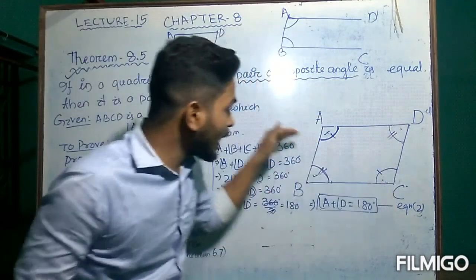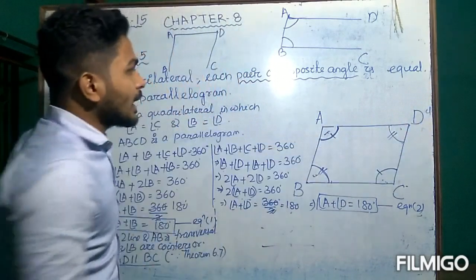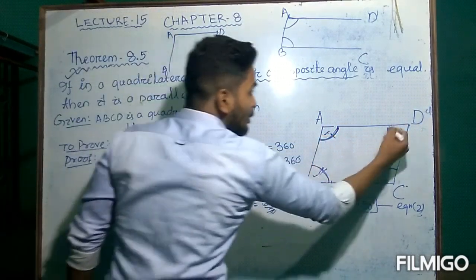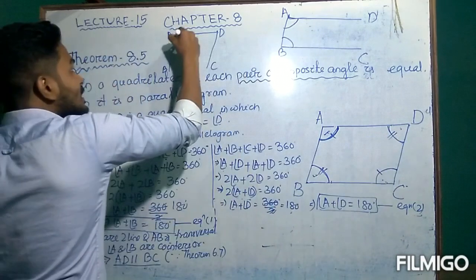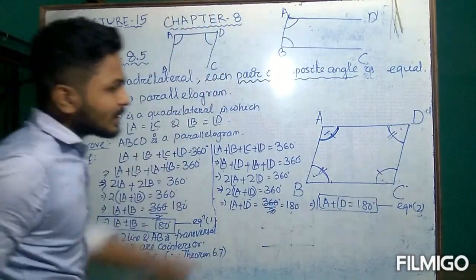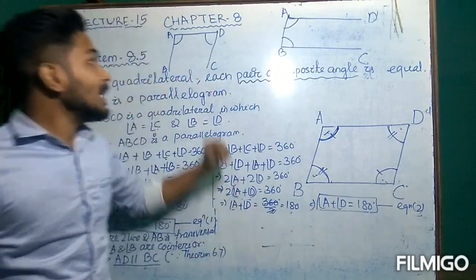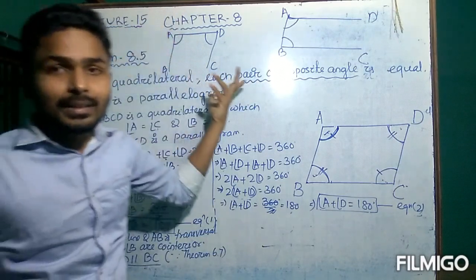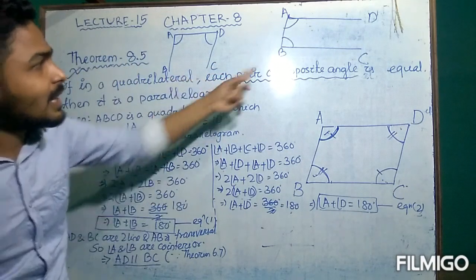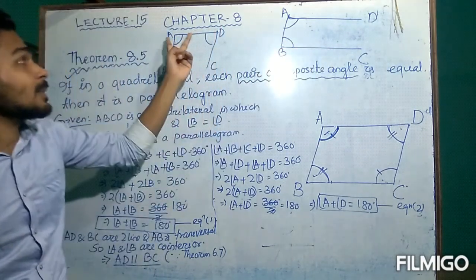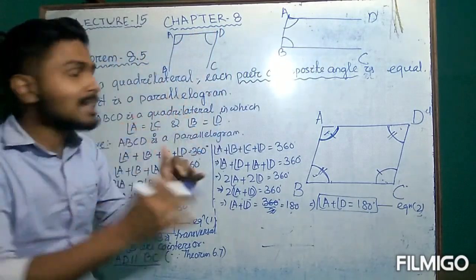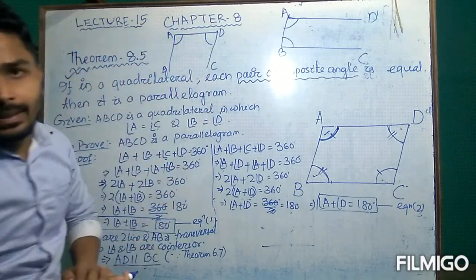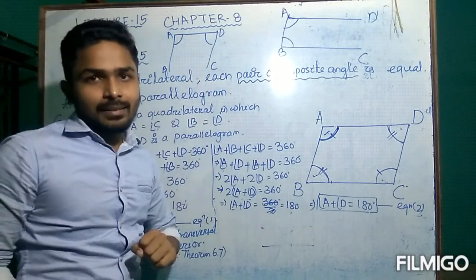These are two lines, AD is the transversal. Here we have found that this angle plus this angle is equal to 180. Now tell me, if there are two lines and a transversal line, then these two angles are known as what? They are co-interior, because they lie inside the two lines and on one side.